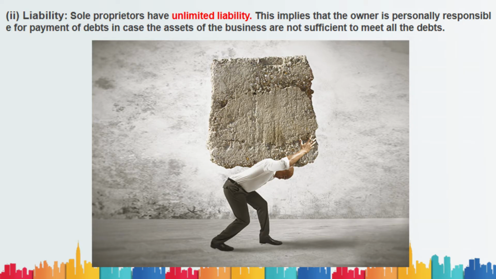This is important. If a company fails to fulfill all the debts, or if the company's assets are insufficient to cover them, then the owner is personally liable for repayment of debts. That's why liability is unlimited.